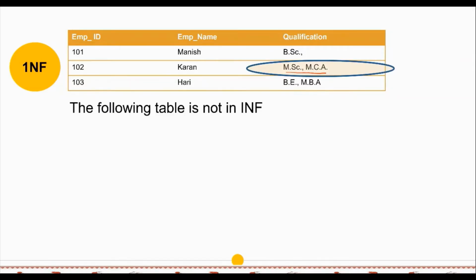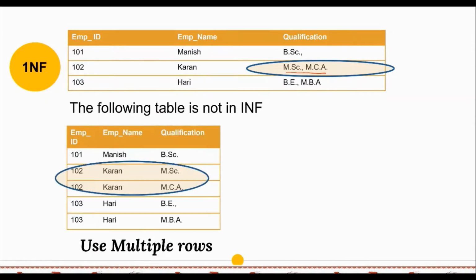So what you have to do is bring it to the first normal form. Let us try the first one. We'll use multiple rows. So we divide the table into two, like 102 current MSc, 102 current MCA, like that. We can make two rows to represent this.